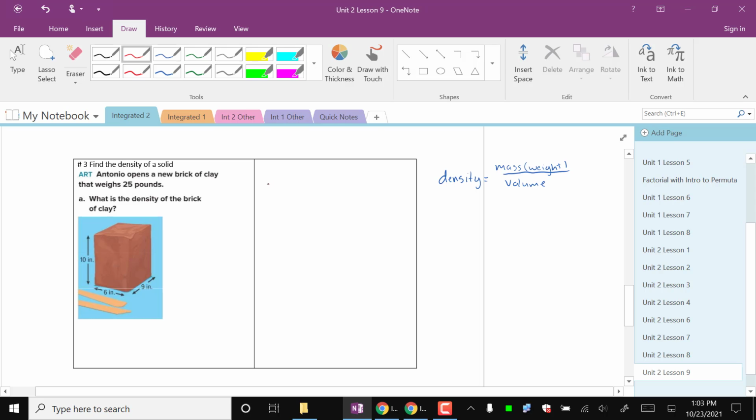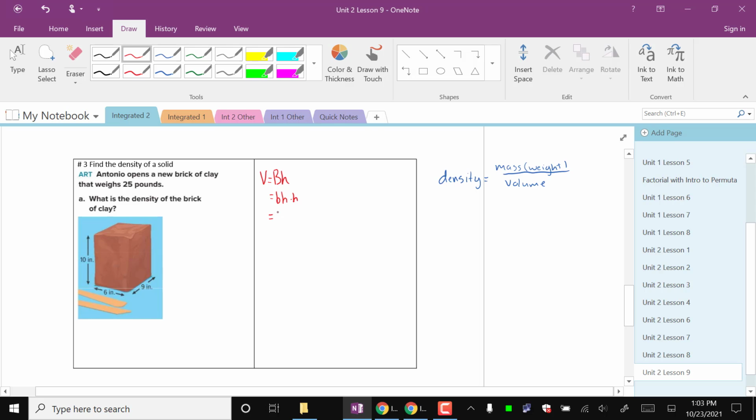So the volume for this figure is big B times H. So this is a prism, a rectangular prism. So it's going to be base times height of that bottom part times height of the third dimension.